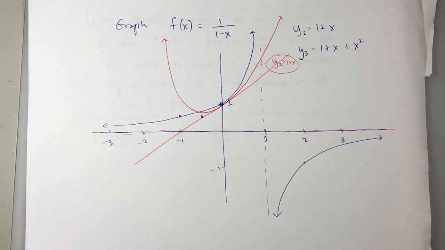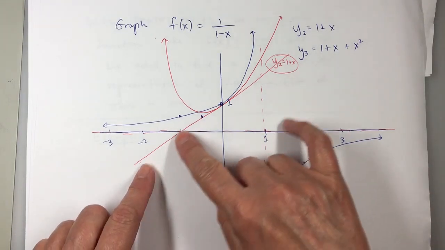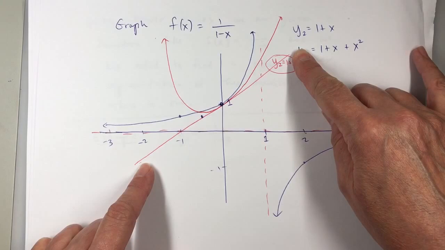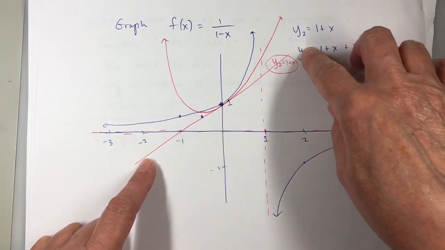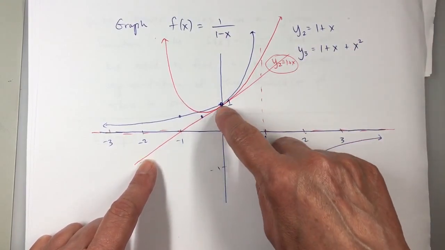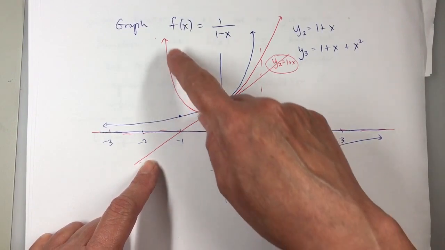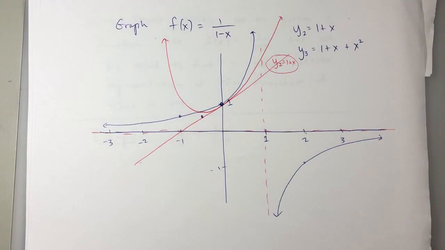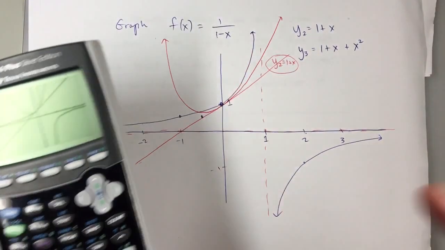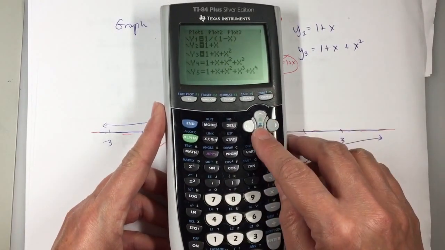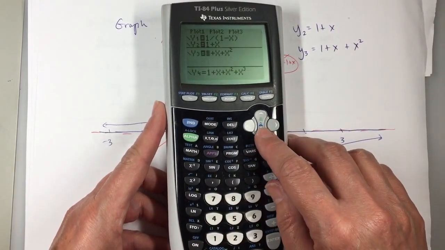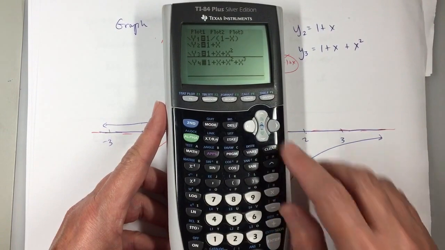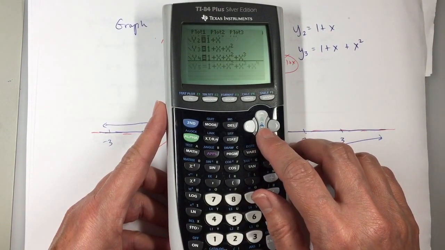When you took 1550, you did things like equations of tangent lines. That's what y2 is. It's the equation of the tangent line at this point. y3 gives me this parabola that's an even better approximation than the tangent line. y4, which I've turned off, I'm going to turn back on, is an even better approximation than the parabola.